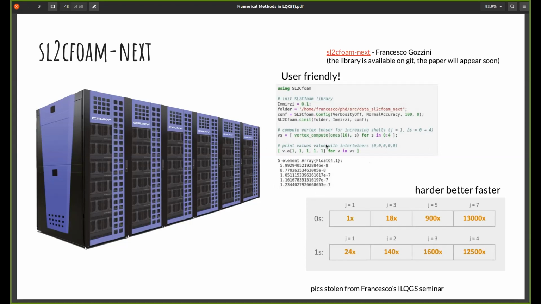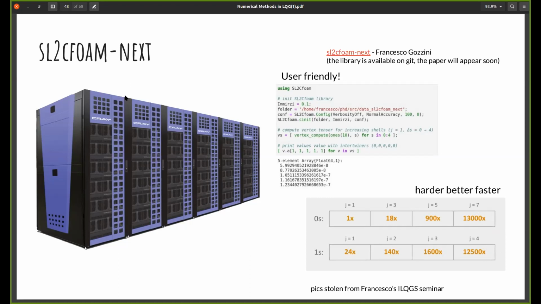So the EPRL vertex amplitude with all spins equal 1 and all intertwiners equal 1, with a certain kind of precision that I'm going to explain in a second. And already at small spins, there was a huge improvement, like 5 orders of magnitude improvement in speed compared to the previous version of the library.